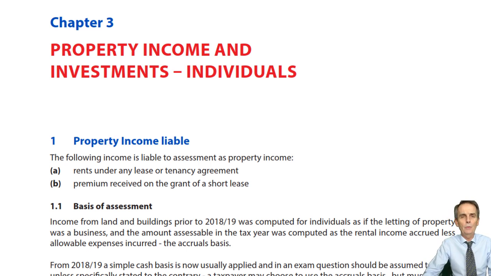Well, one other form of non-savings income, a source of investment income this time, is property income. And indeed, we looked at property income in some detail, not focusing on the basis of its assessment, which you may recall is for us from the 18-19 tax year a received basis, but looking at its flexibility in terms of planning.